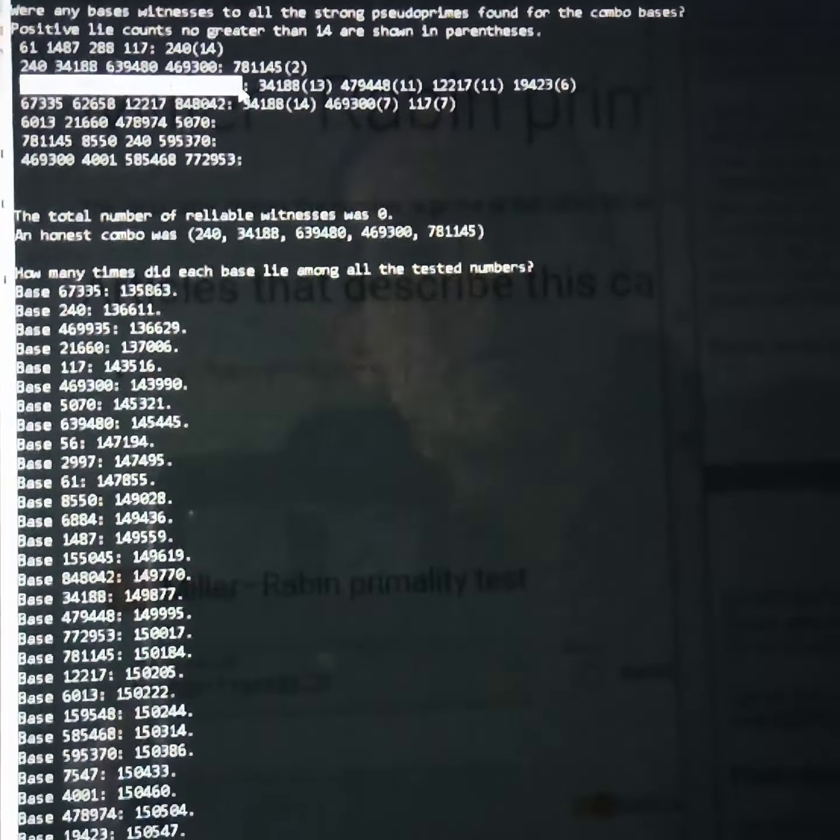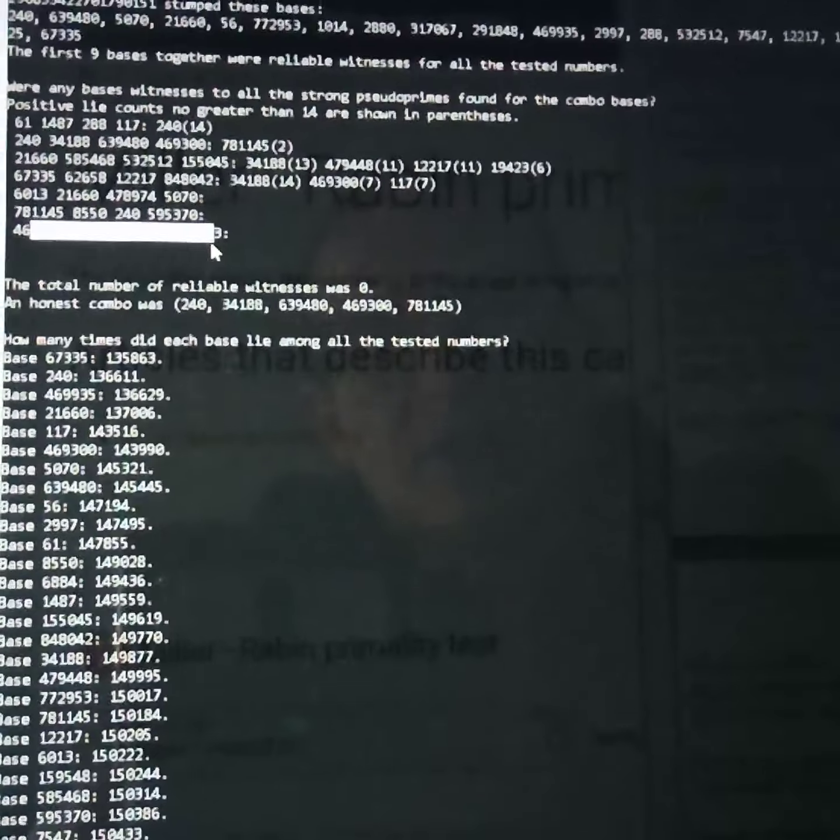Because what this says is that if there were more than 14 lies between 4 bases and some other base, it won't get printed out. These particular groups of 4 bases did not have any bases to go with them which lied fewer than 15 times. So there isn't anything logged here.